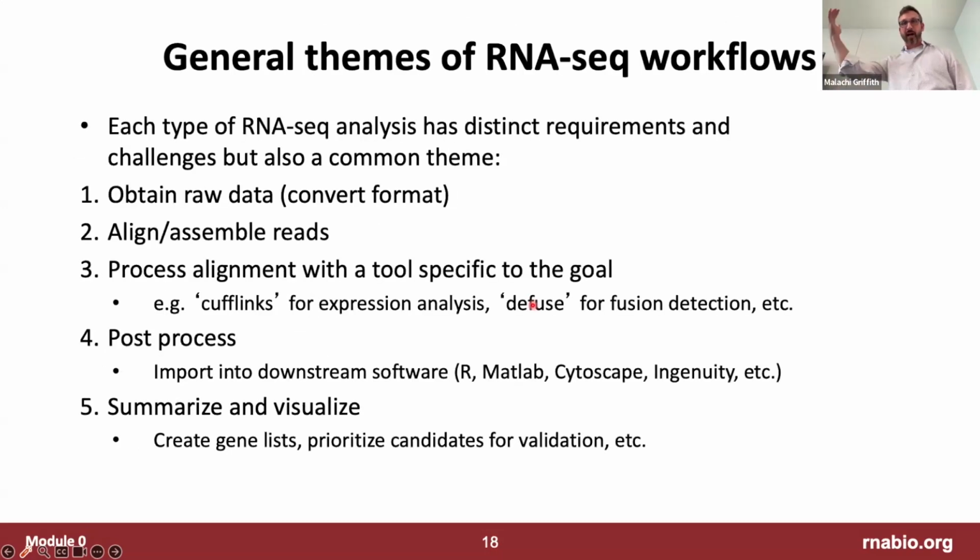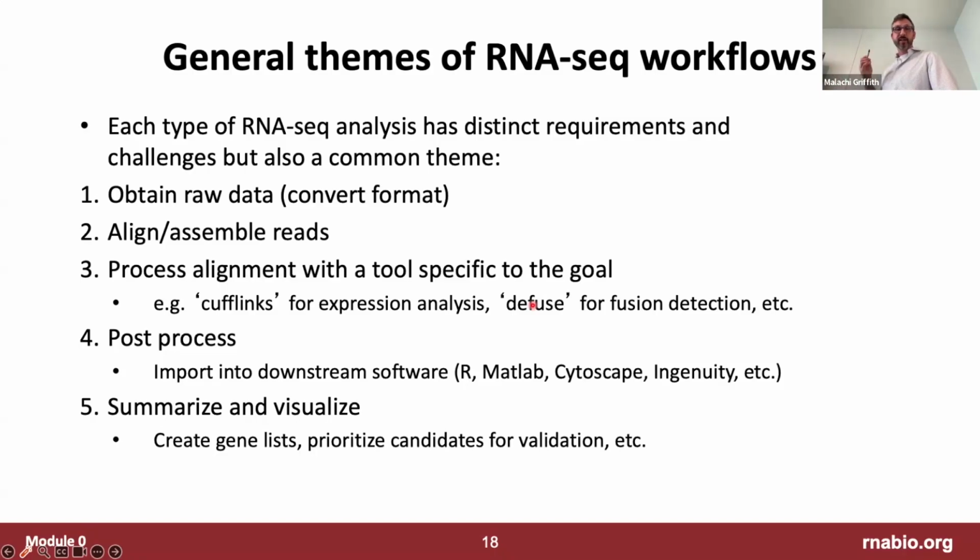All of these workflows have some common themes in terms of the bioinformatics analysis. They basically all go through these steps, starting with obtaining the raw data. You may need to convert it from one format to another, usually not. And then some kind of alignment or assembly of the reads against something known about your species, the reference genome or transcriptome, most typically.